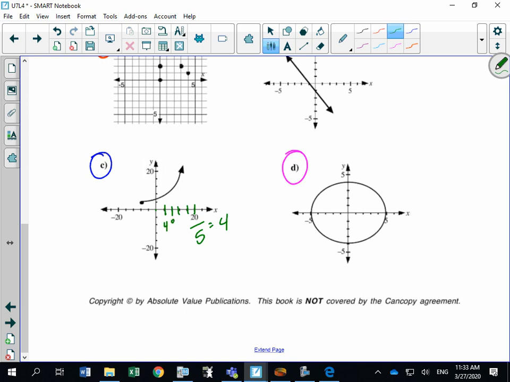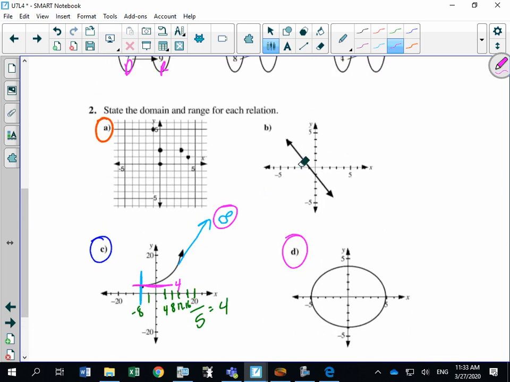So that guy would be 4, 8, 12, 16, and 20. This would be -4, -8. So when I say what's your smallest x value, -8. What's your biggest x value would be infinity. What's your smallest y value would be 4, and your biggest y value would be infinity. So see if you could do C.